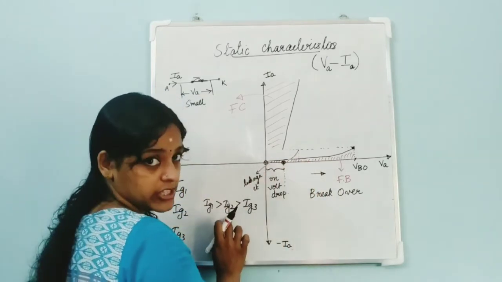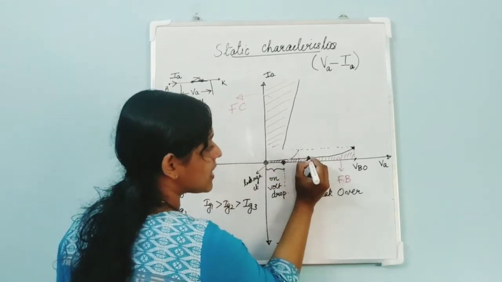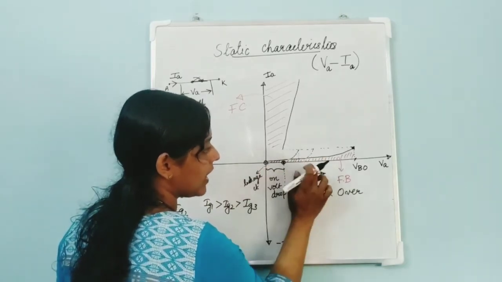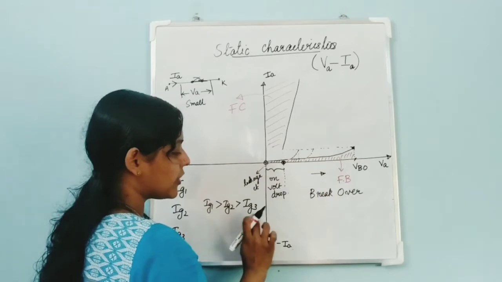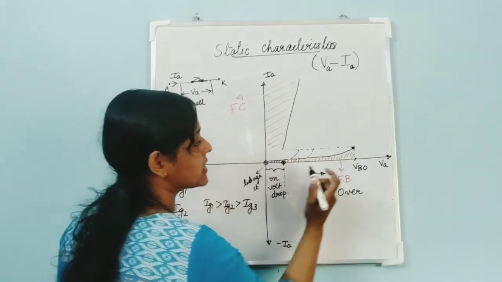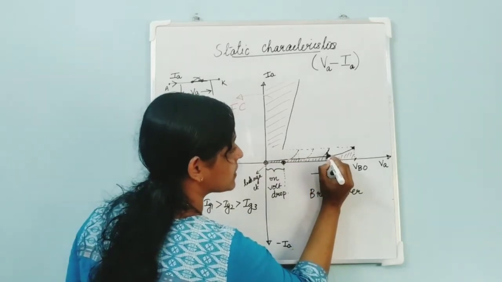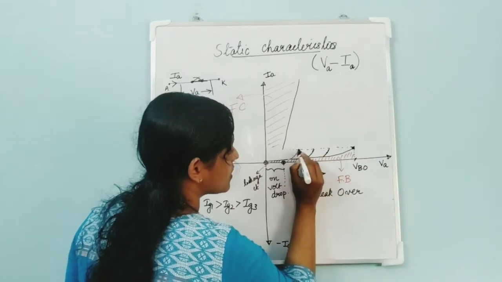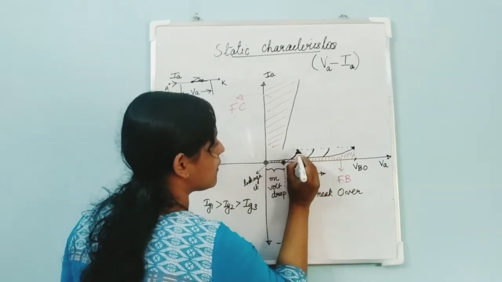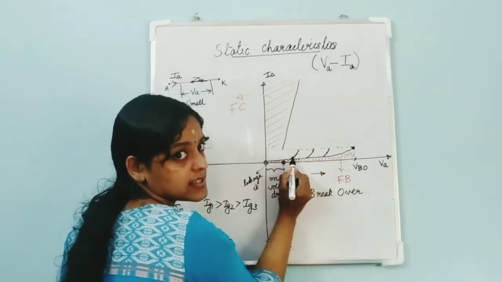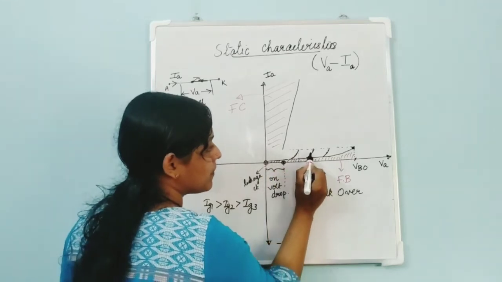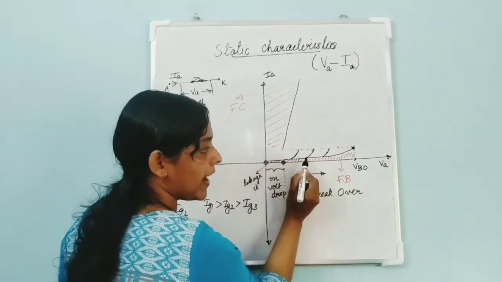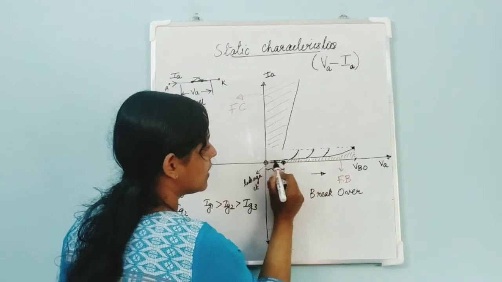And if it is IG2, the device will get turned on at some other point with a very high voltage. And when you are applying a new gate pulse IG3, the device might turn on at some other voltage, isn't it? So this would be the graph if IG1 is applied. This would be the graph if IG2 is applied.